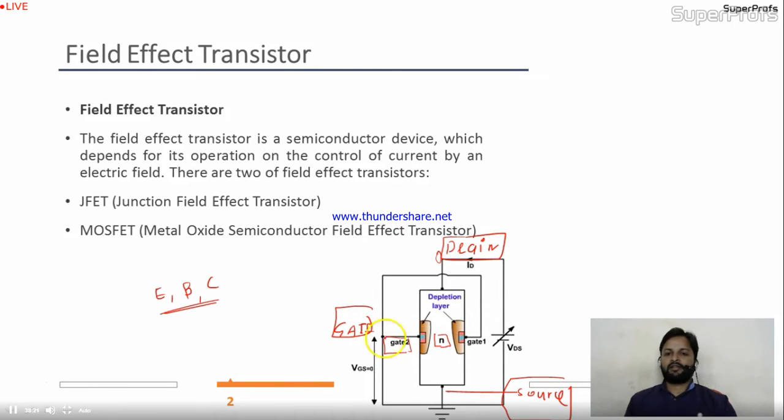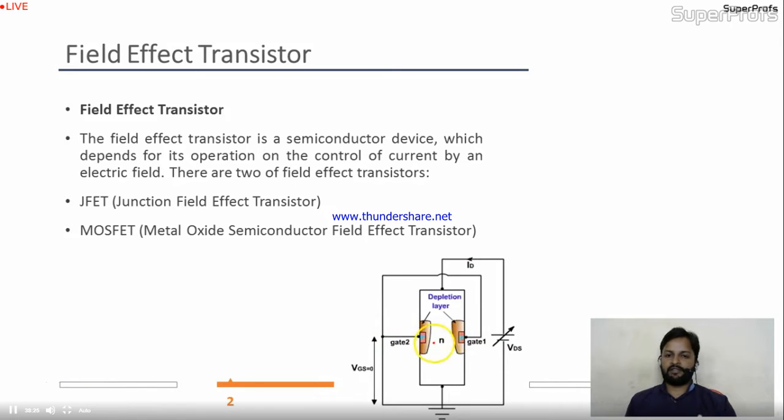Now see in this figure, if you see it carefully, the channel is given, the gate is given, and we are applying the output battery over here. Because of this, the current ID will be there in the circuit. That current will be controlled by applying some voltage at the gate terminal. If you apply some voltage over here, what will happen?